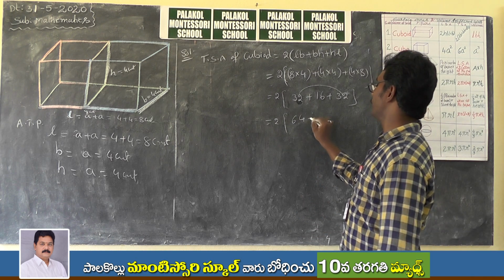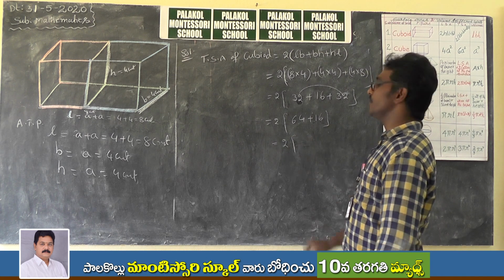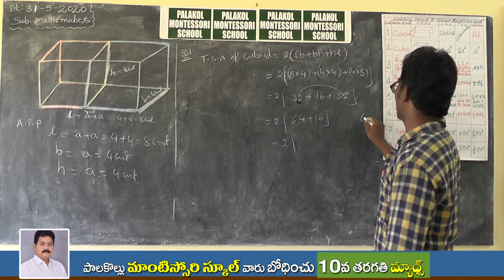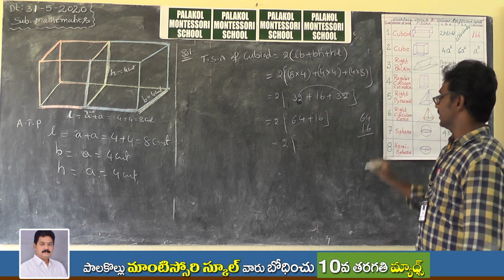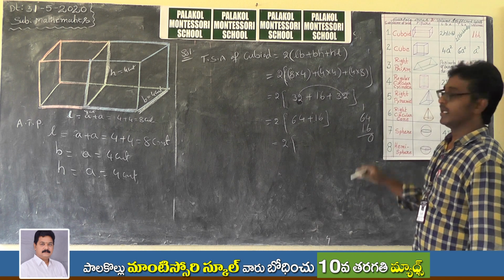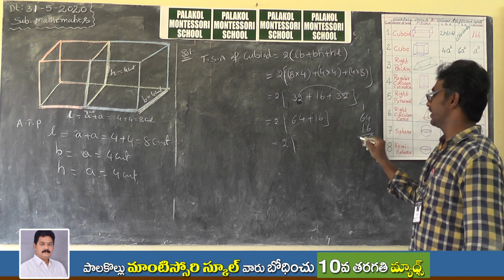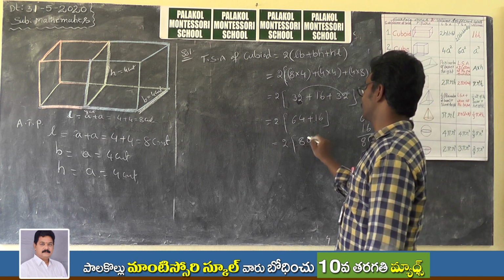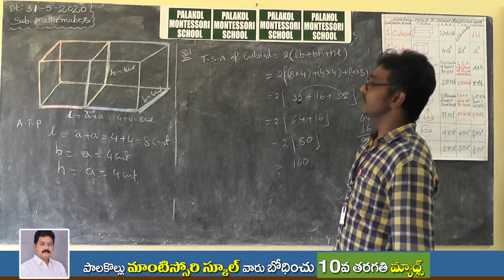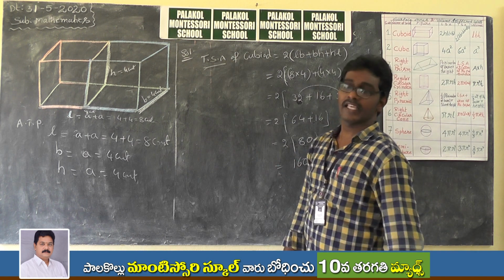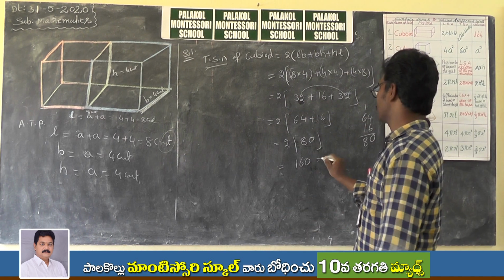So 64 plus 16, that is 2 of 80. So 2 80s, 160. This is the total surface area, in centimeters square.